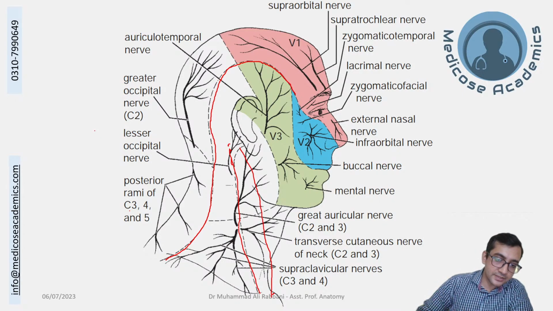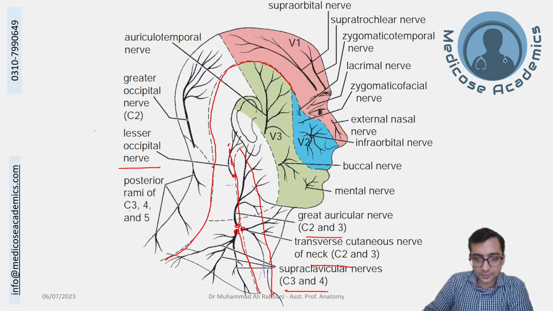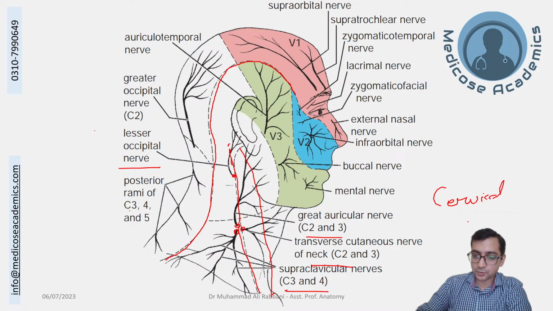All of these nerves, the one, two, three, are emerging from the posterior margin of the sternocleidomastoid at the same point, and this one is also emerging from the posterior margin. So all four nerves that I am going to discuss are branches of the cervical plexus. We will discuss this in the last two lectures with the nerves. This is the cervical plexus.